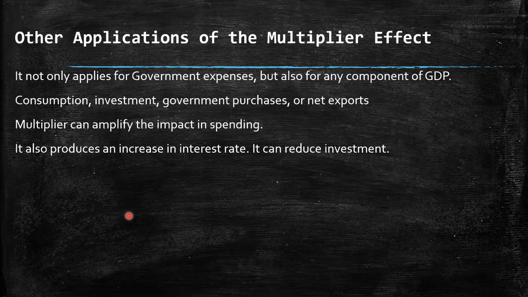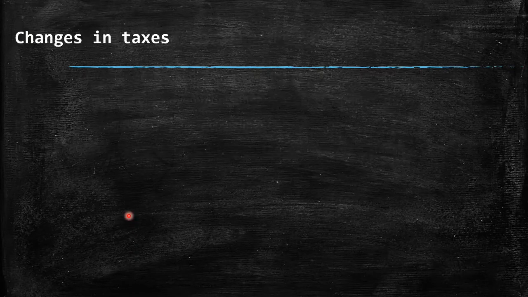But because aggregate demand expands to the right, at the end of the day it could also produce an increase in the interest rate, because the demand for money should be higher and then we face higher interest rates. This is the counterpart, which can reduce investment, what we call crowding out.